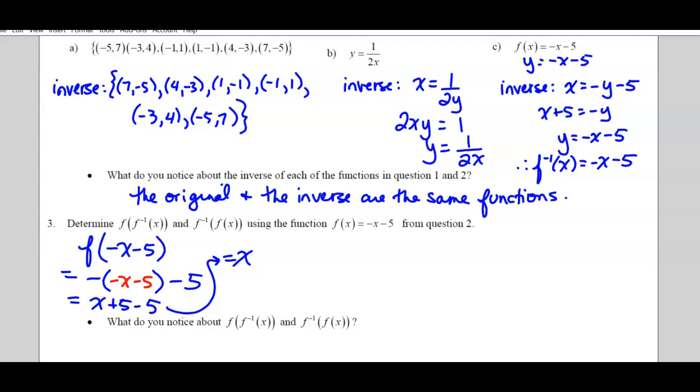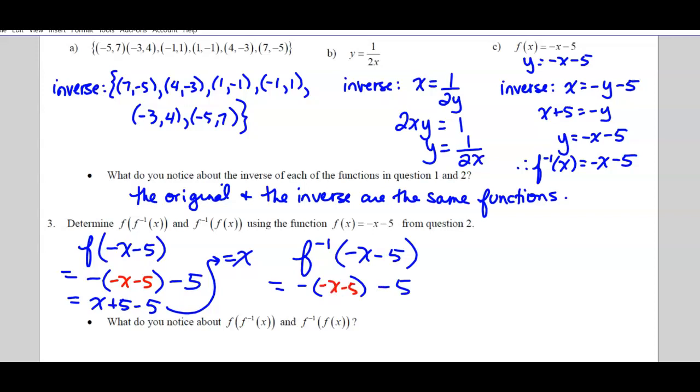Take a look at what it's actually saying here. This is f of the inverse of x. This is saying the inverse function. So f inverse of f of x, which is negative x minus 5. Now, that we already have. So when I do that substitution, it's the same function, so it's going to look exactly the same.